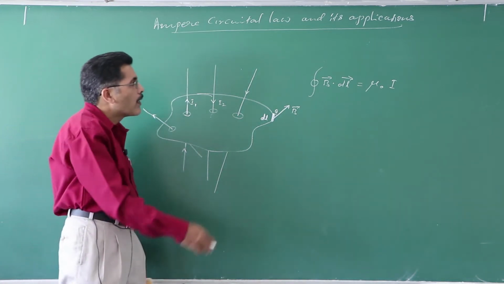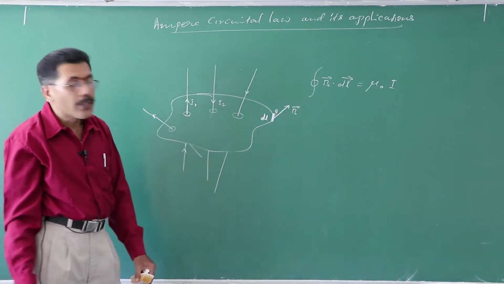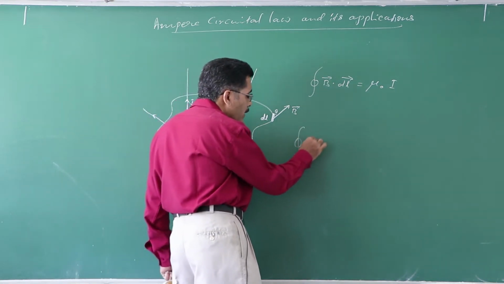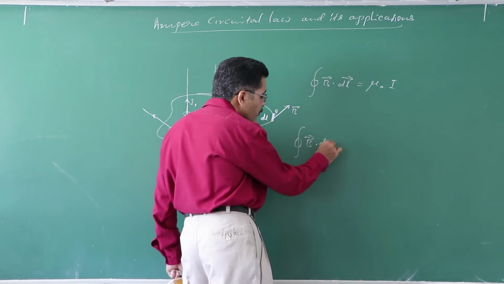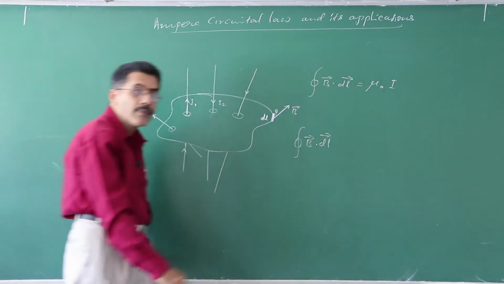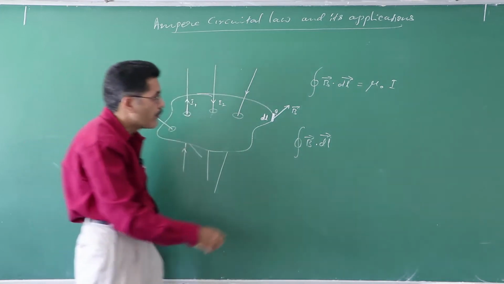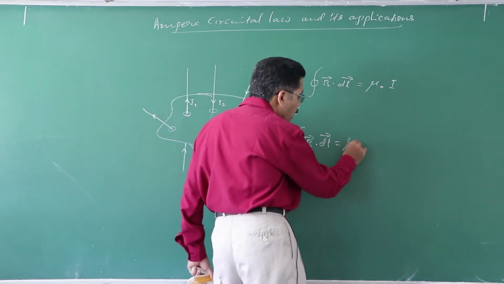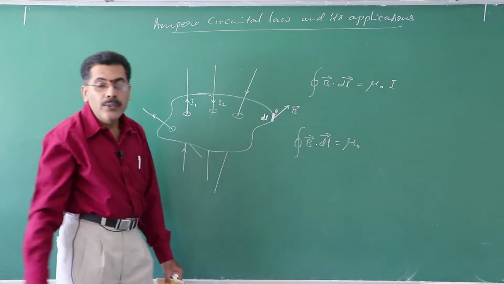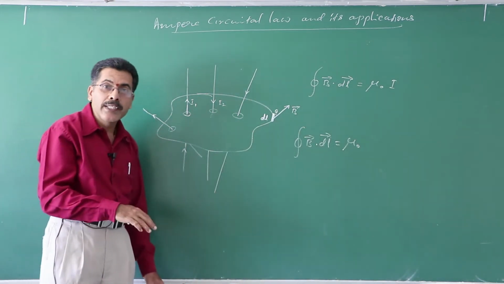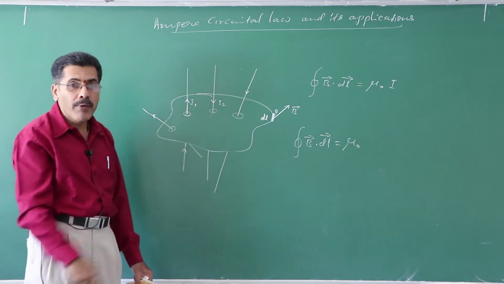Then, according to Ampere's circuital law, the line integral of magnetic field around this closed path is equal to mu naught times the total current passing through any surface enclosed by the path.